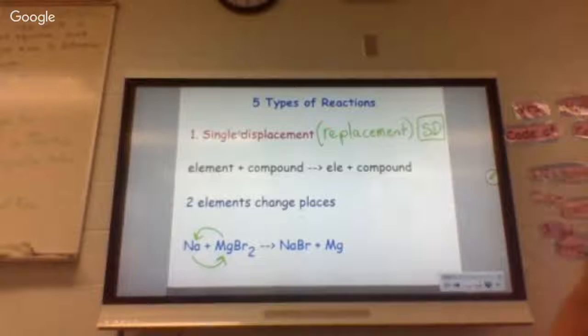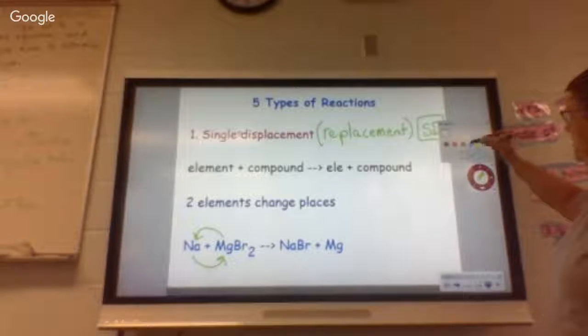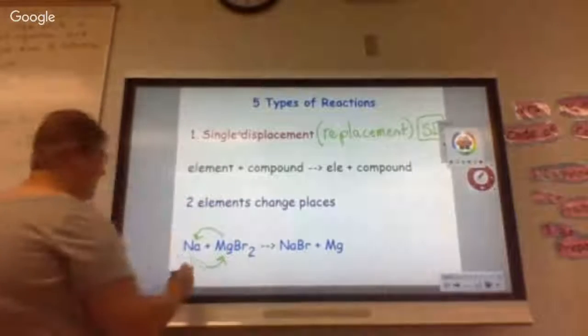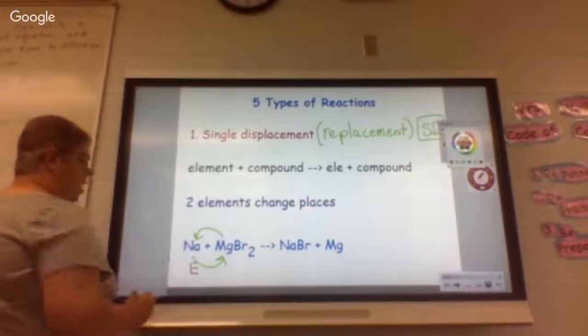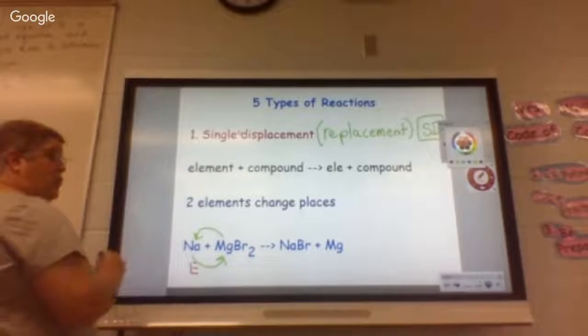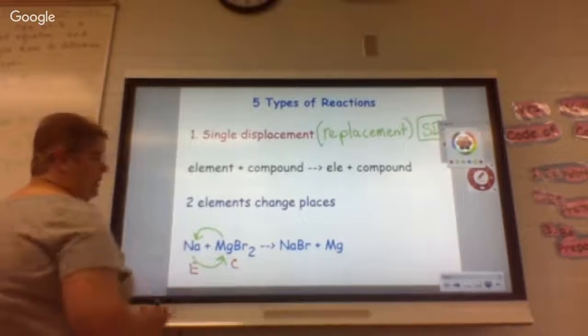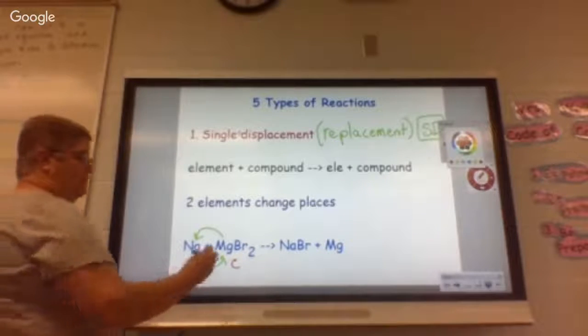Now, how can you tell that it's single displacement when we're trying to sort through these down the road? Can we agree that Na is an element? You can tell because it has 1 capital. This is a compound because it has 2 capitals.